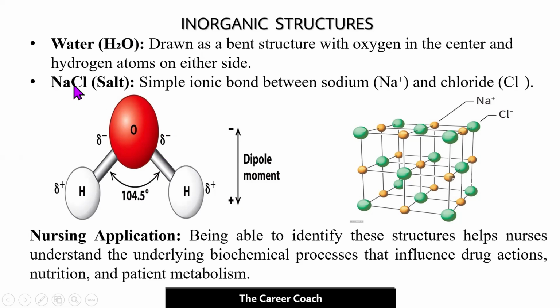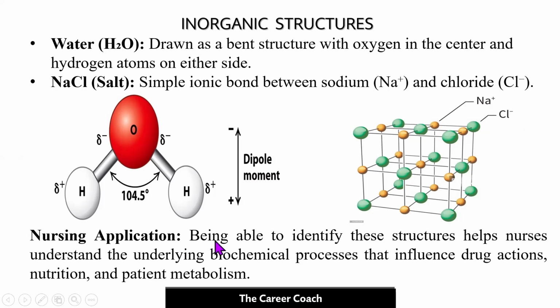The next one is your sodium chloride. Sodium chloride in a simple form is like a crystalloid. You can see it's a crystal shape. Simple ionic bond between sodium ion and chloride ion. It makes it stable and having a structure of a crystal.